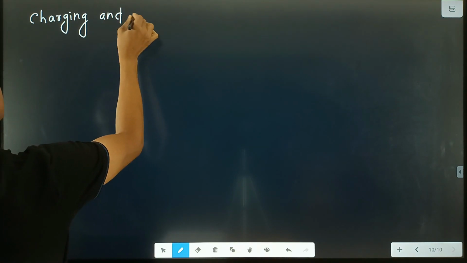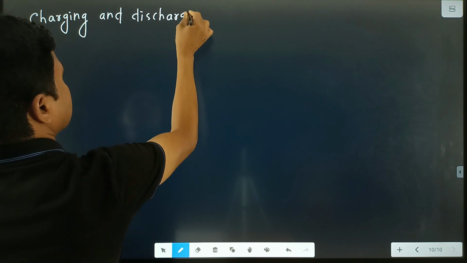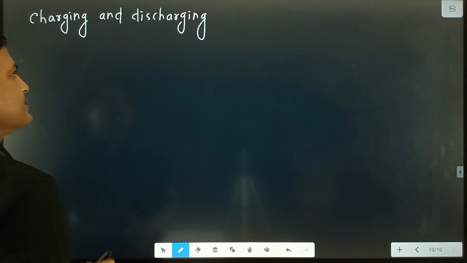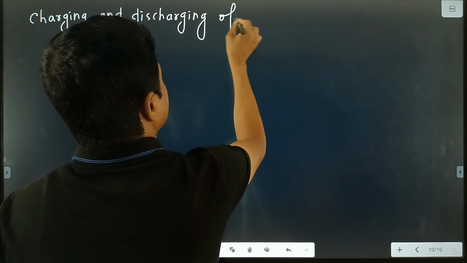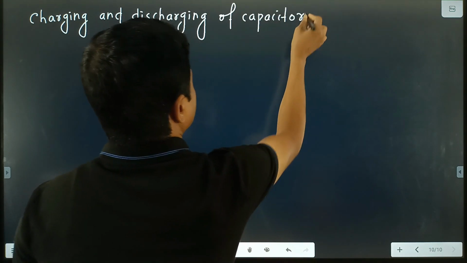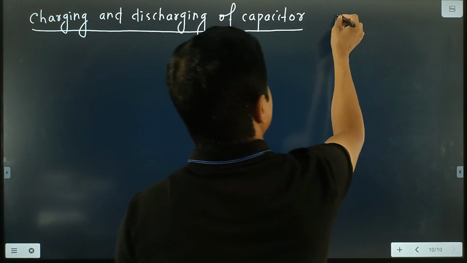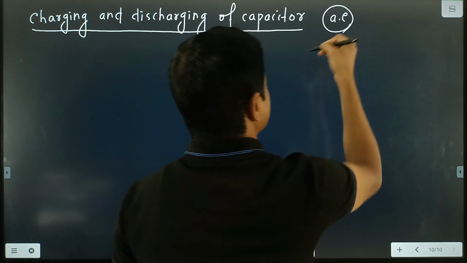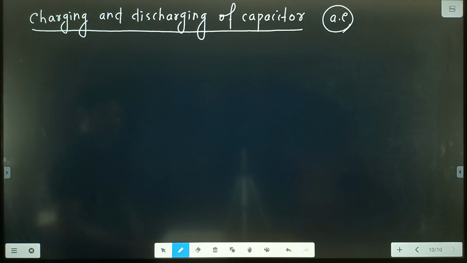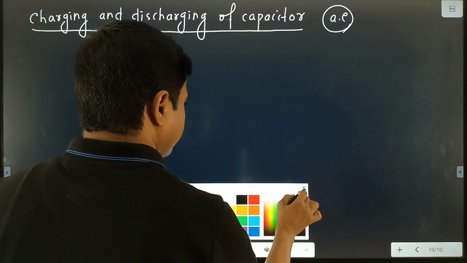Charging and discharging of capacitor when alternating current is there, for an AC circuit. Clear? And you know the equation.